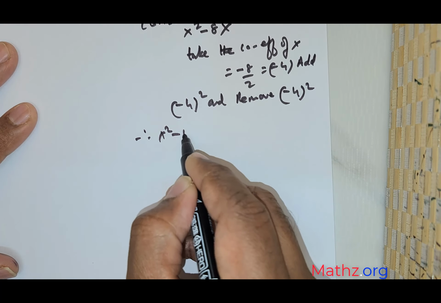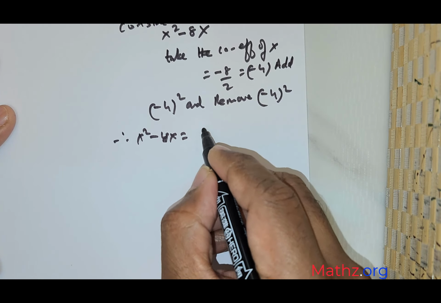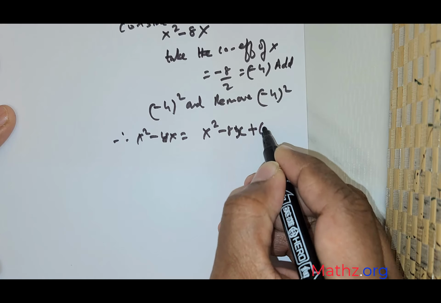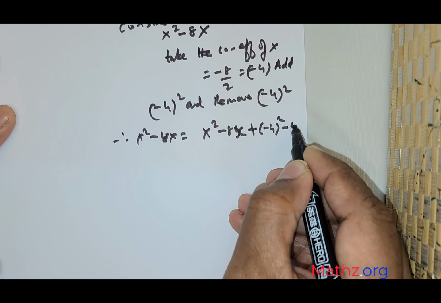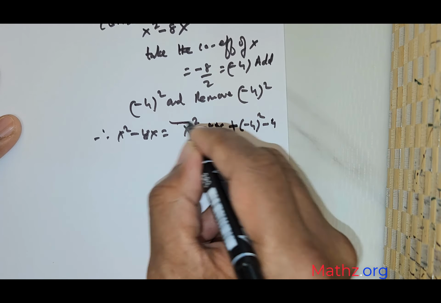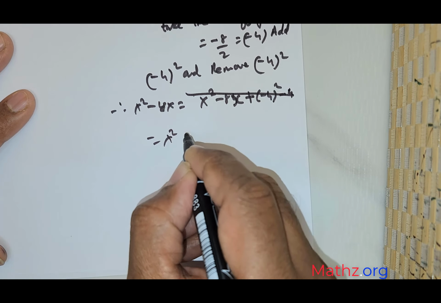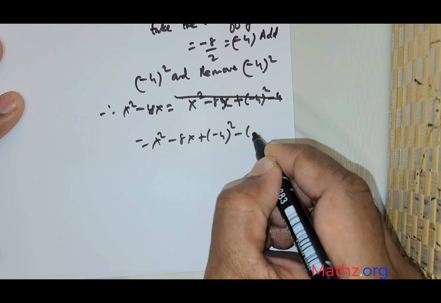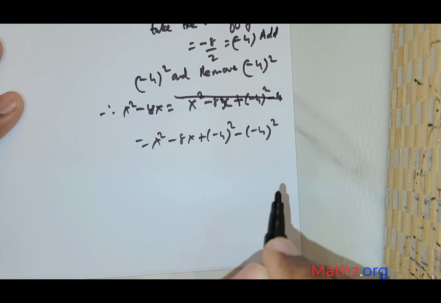So therefore x squared negative 8x is now equal to x squared negative 8x, you add negative 4 squared and you remove negative 4 squared.